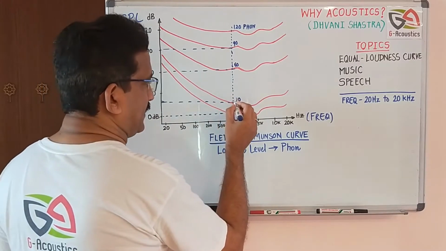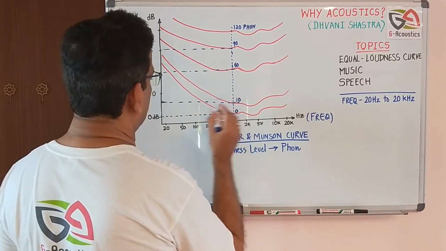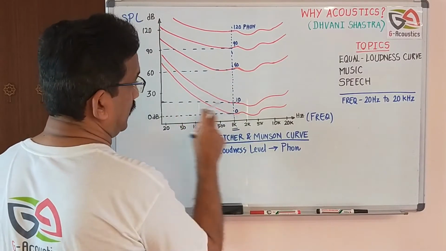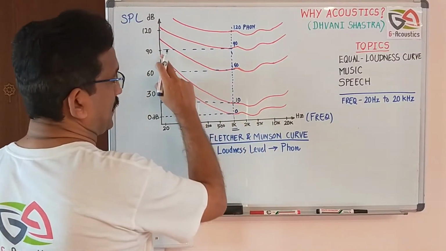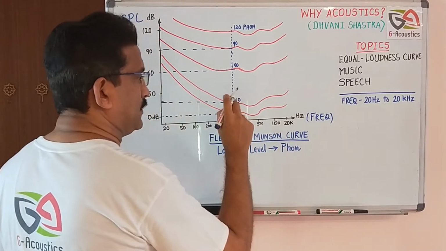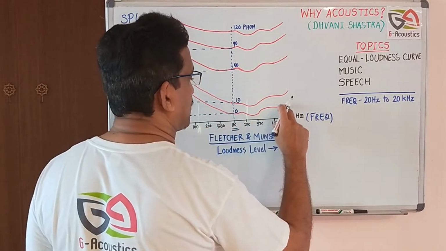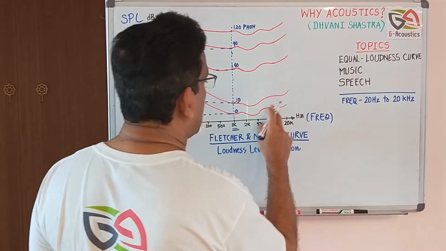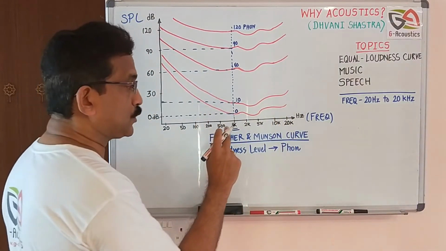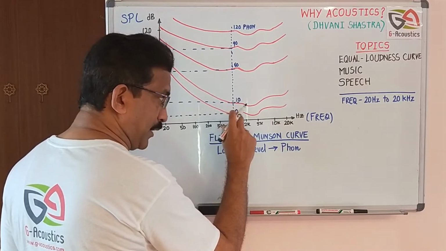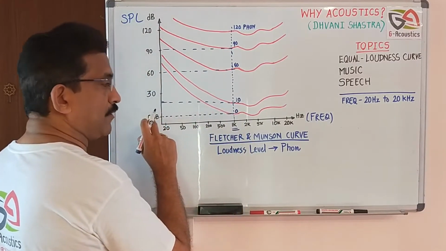Same way, at 1 kilohertz, when 10 dB SPL, this curve crosses, this is the response. Now this is a loudness curve. We call this a loudness curve. When a loudness curve passes through 1 kilohertz, you determine what will be the dB level.